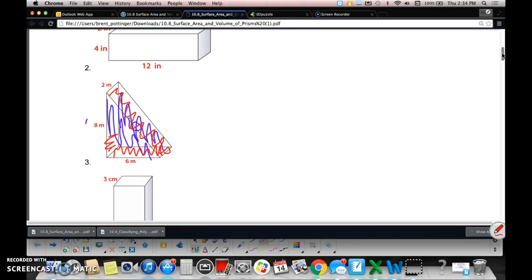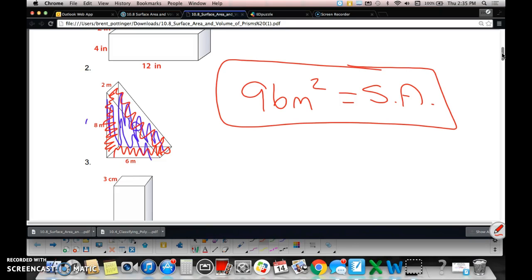And the area of my third rectangle, yes or no? Add them all up. I'm not actually going to do it to save us some time. Add them all up, and you got what? 96 meters squared equals the surface area of that shape. Easy schmeezy, right? Good luck.